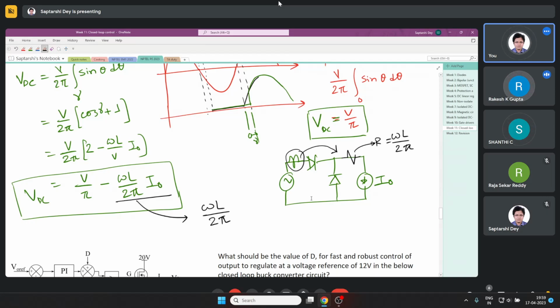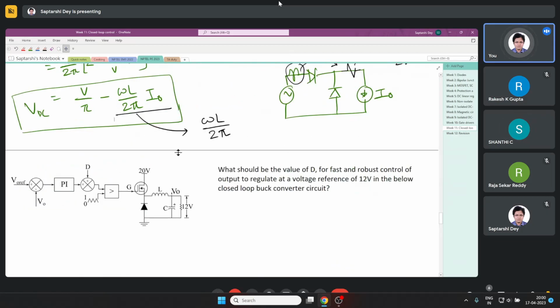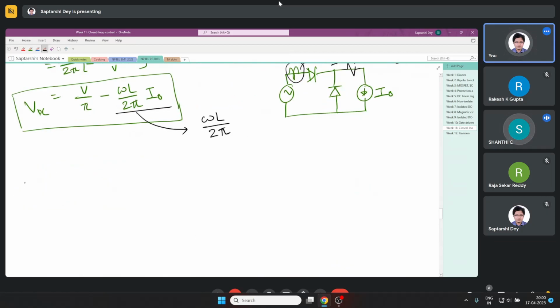If the position of D1 and the inductor is interchanged, then what we have seen will not hold for that circuit.